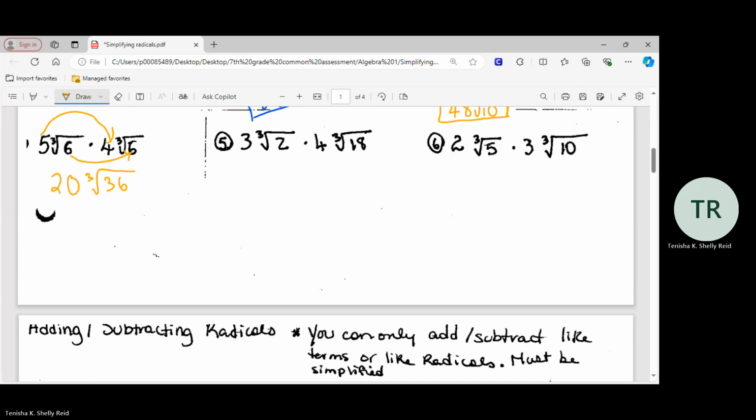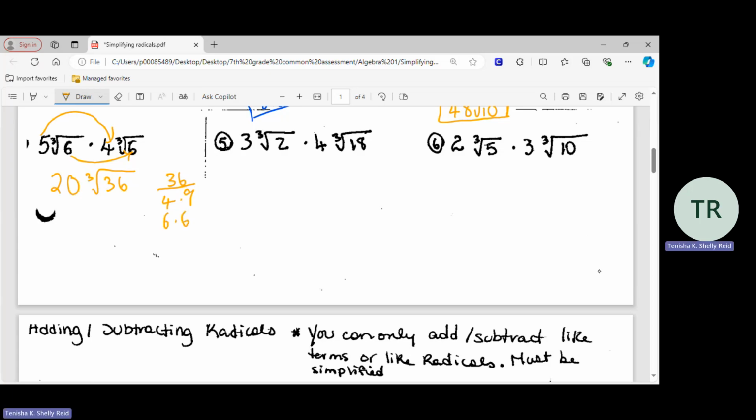And the cubed root of 36. Well, I know my 20 is there. Let's see if I can simplify the 36. Always try. That's 36 and 1. 36 is not a perfect cube. We have 4 and 9. Not a perfect cube. Perfect squares, but not perfect cubes. We have 6 and 6.